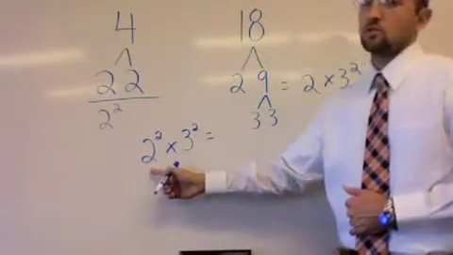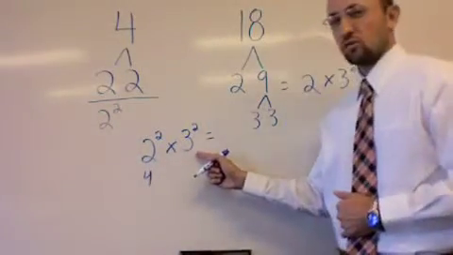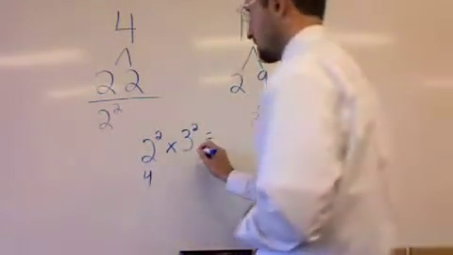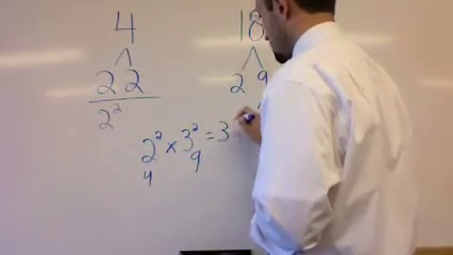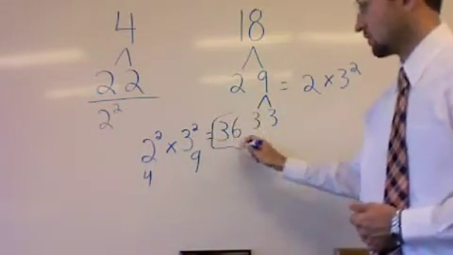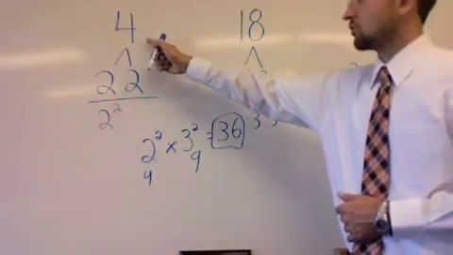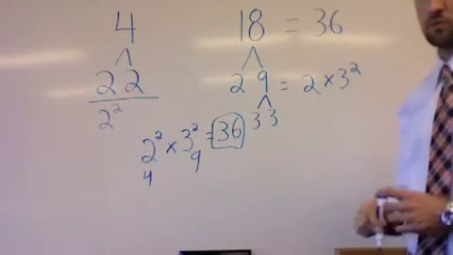If I solve this, 2 times 2 is 4, and 3 squared is 9, which will leave me with an answer of 36. So the least common multiple for 4 and 18 would be 36.